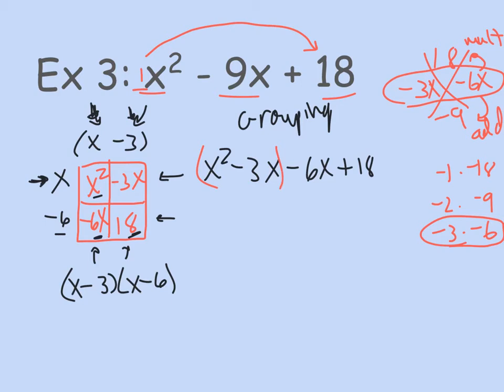Remember that negative goes with the 6x, so that's negative 6x. These first two terms, I can take out an x. So dividing this by x and this by x, taking that x out, I'm left with, well, here the x's cancel out, so I just get a minus 3. And x squared over x is just x.